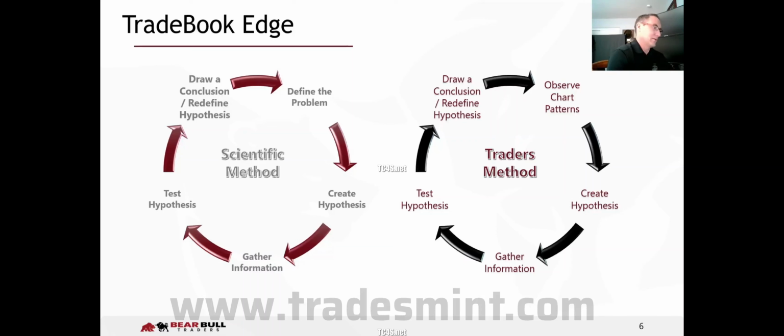You then need to gather the information by doing it, and then you test it. And testing it, in a later course, I'll show you exactly how to test this hypothesis. And then you evaluate the results and you determine whether it is or is not providing you the results that you want. If it's not, you redefine it and you start the whole pattern over again.